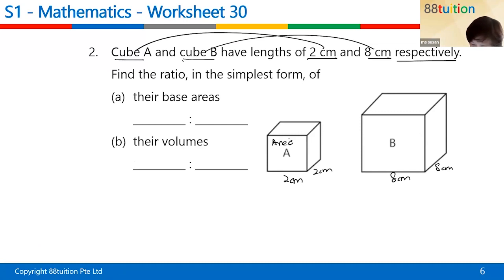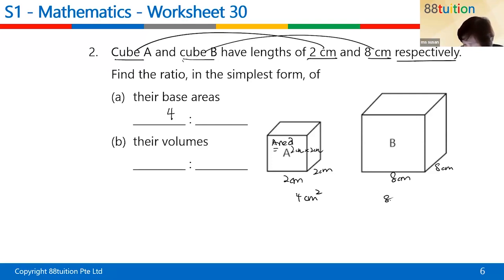So the area here will be 2 cm multiplied by 2 cm, which gives 4 cm square.